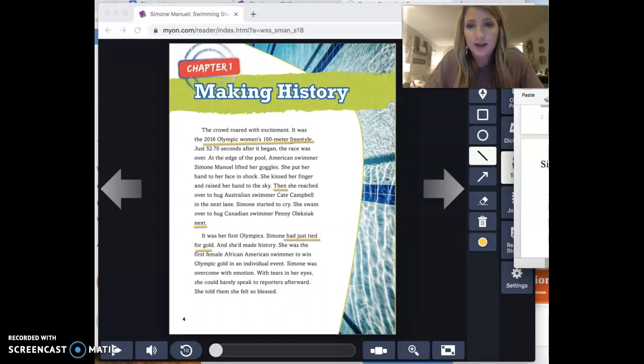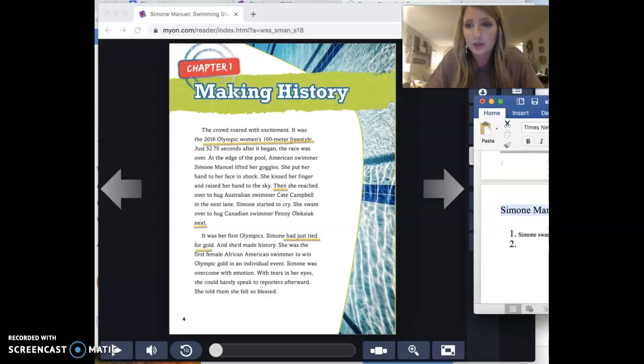I'm going to take what I read in that paragraph and sum it up to put it into my graphic organizer of events. So I do want to include something about how she was talking to reporters here.